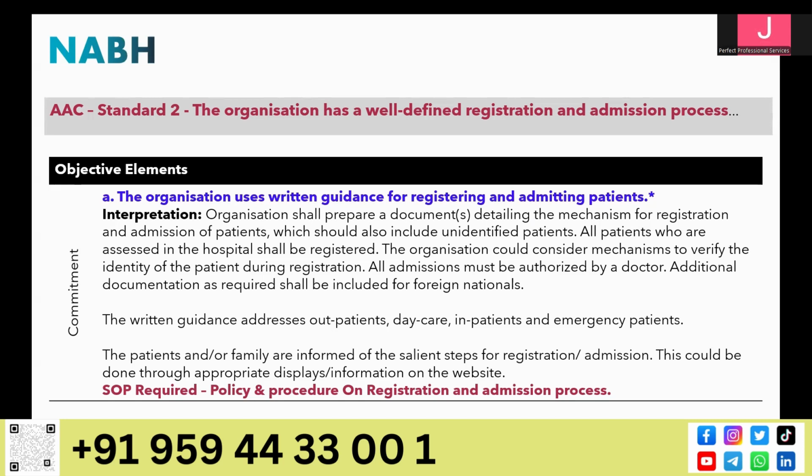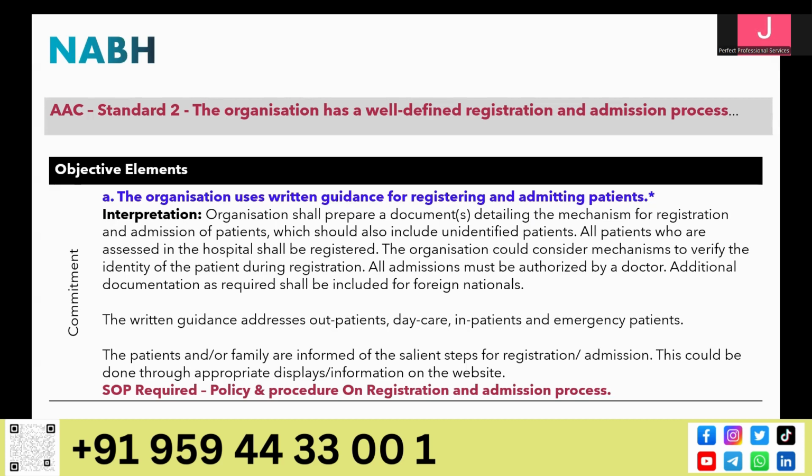The written guidance addresses outpatient, daycare, inpatient and emergency patients. Whatever way you are going to admit the patient, whether you see the patient in an outpatient setting or a daycare setting, or the patient is getting admitted, routine admission or emergency admission, whatever way the patient is going to get admitted or you are going to see the patient, you have to do the registration.